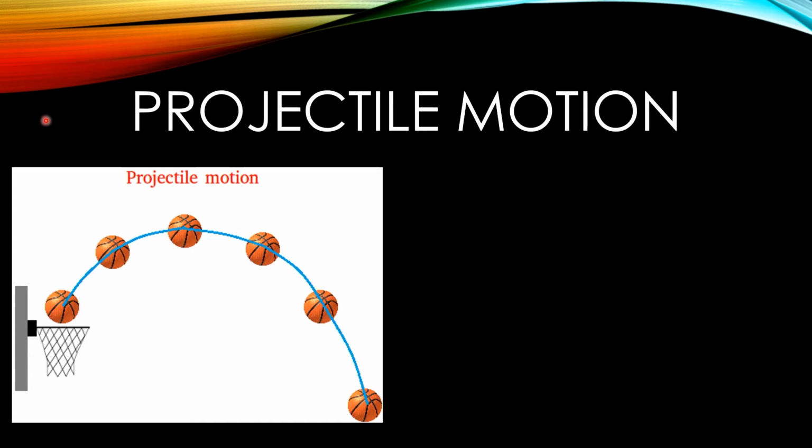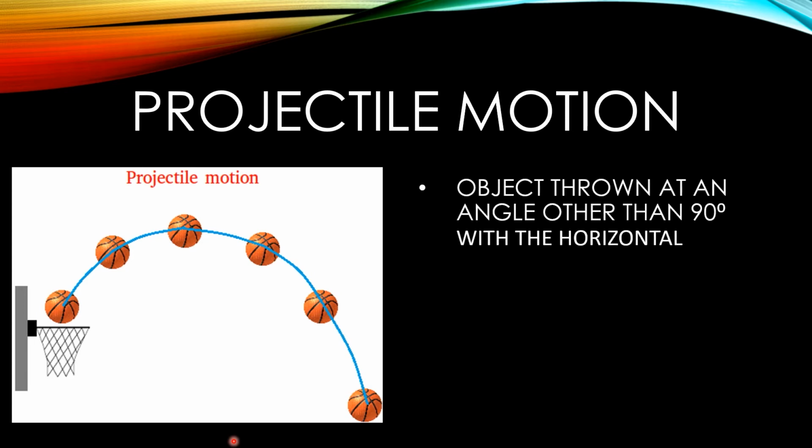What is projectile motion? Projectile motion is any object thrown at an angle other than 90 degrees with the horizontal, meaning to say, any object that is moving horizontally as well as freely falling at the same time. The pathway of the projectile is known as the trajectory.